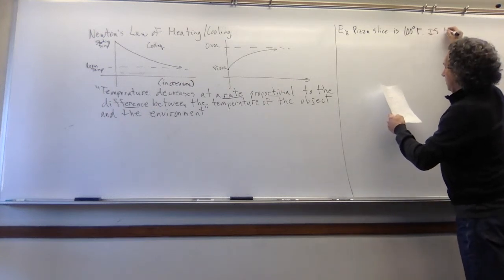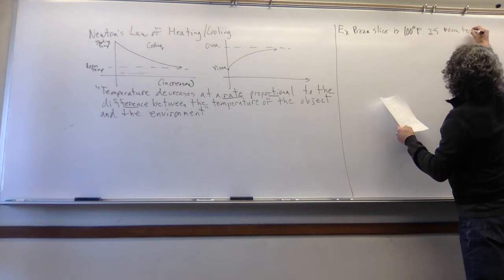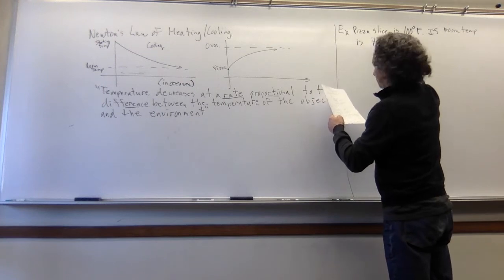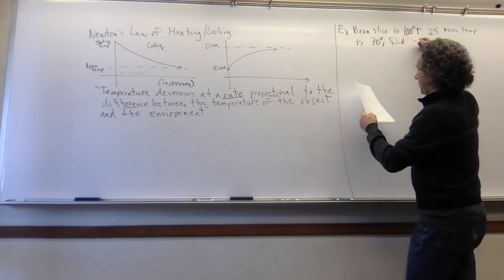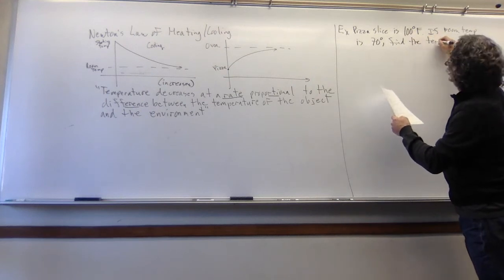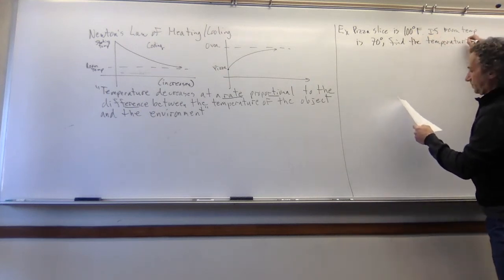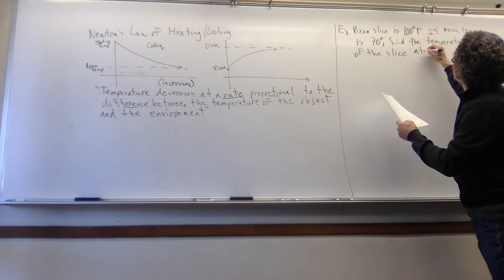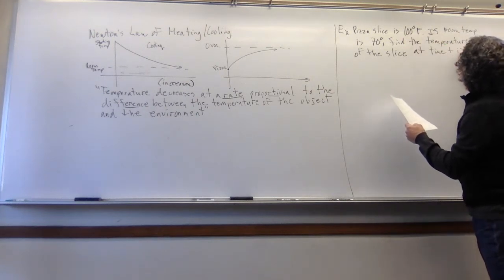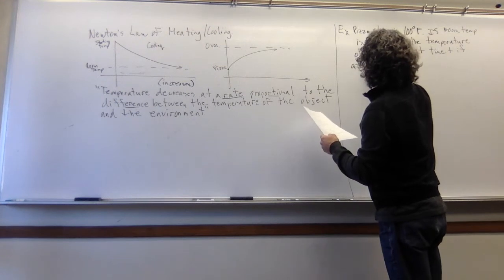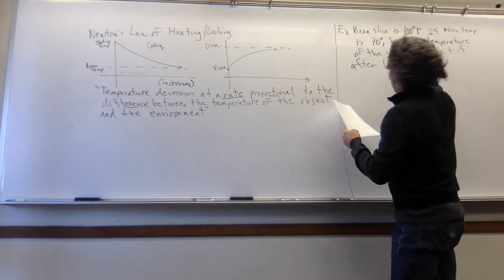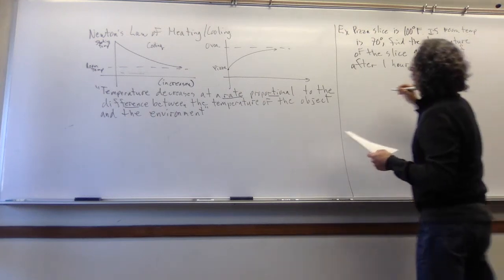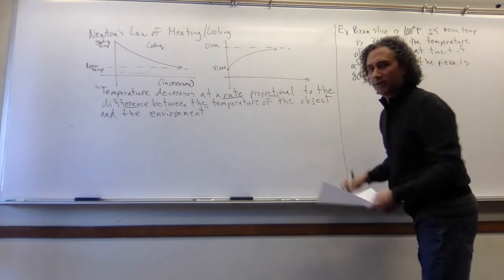If room temperature is 70 degrees, find the temperature of the slice at time t if after 1 hour the pizza is 80 degrees. So it's this really slow cooling piece of pizza.